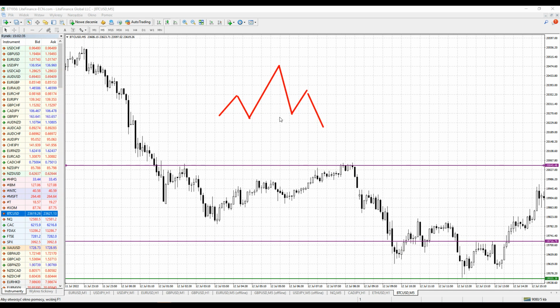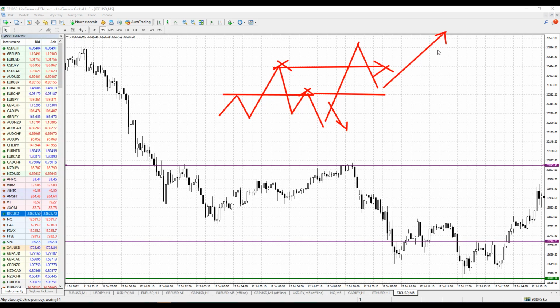In case of some break or not break structure, we are trying to scalp this point to the downside, or in case of the breakout, we are not scalping the top. We are not scalping this one, but we are scalping that one in case of the return to the move higher.